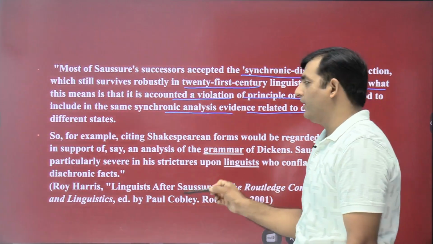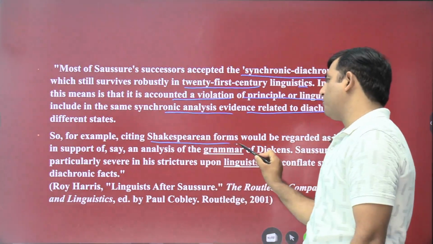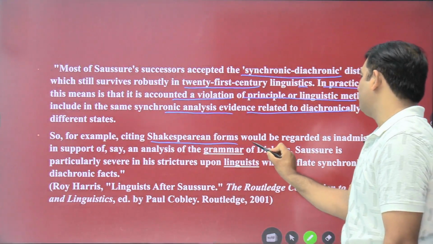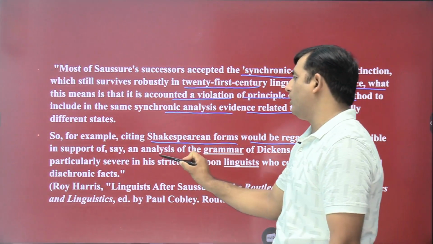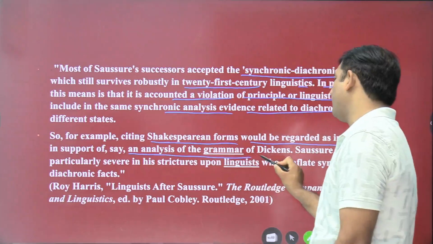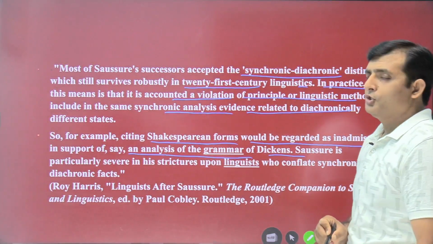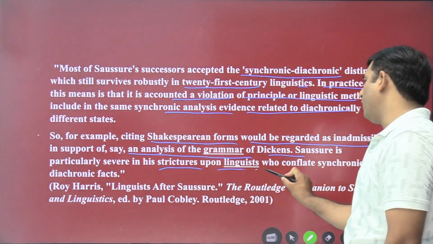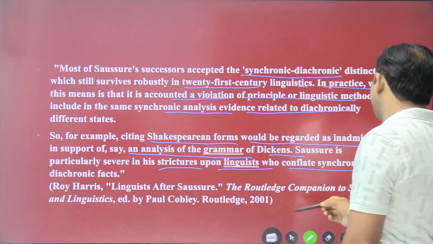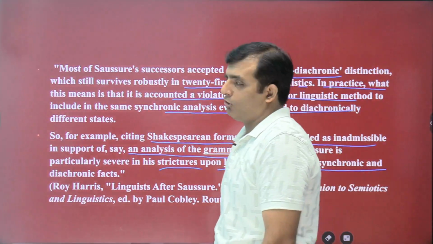For example, citing Shakespearean forms would be regarded as inadmissible in support of an analysis of the grammar of Dickens. Saussure is particularly severe in his strictures upon linguists who conflate synchronic and diachronic facts.